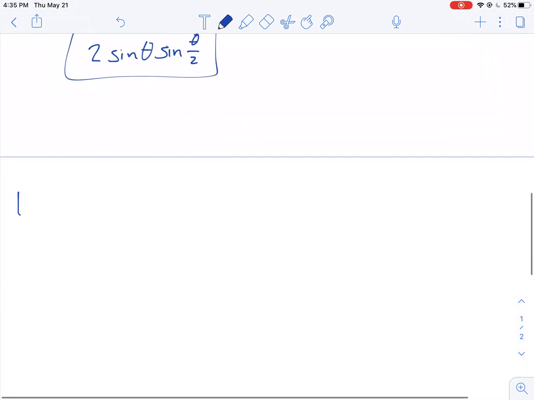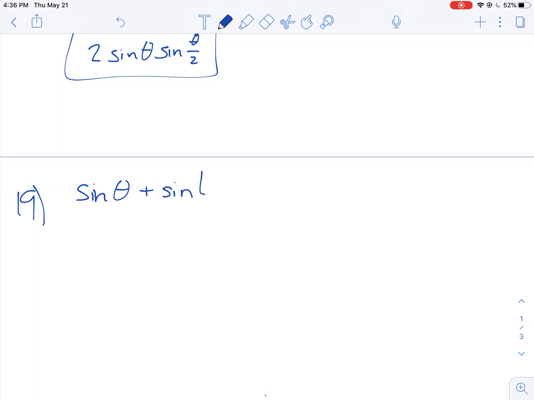I'm looking at number 19. Sine of theta plus the sine of 3 theta all over 2 times the sine of 2 theta, and that's equal to the cosine of theta. We only work on the left-hand side here.